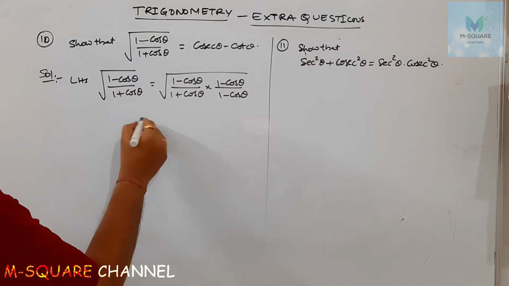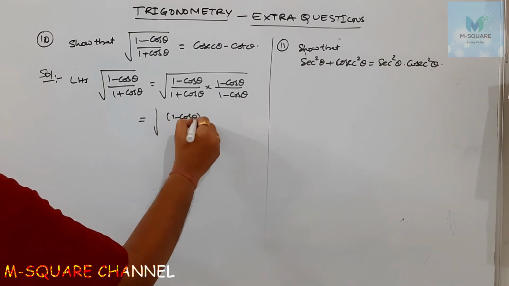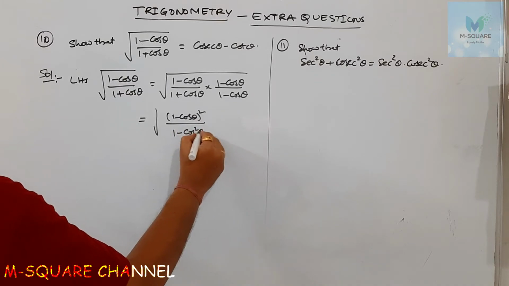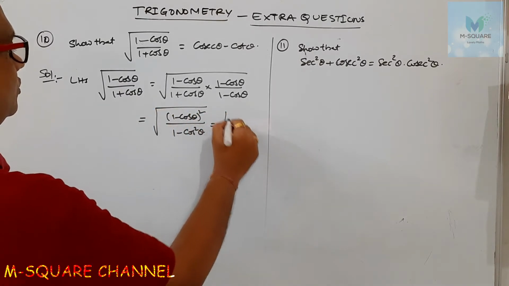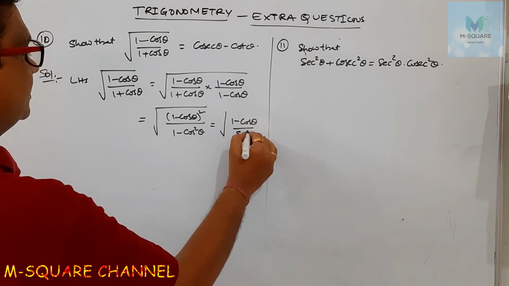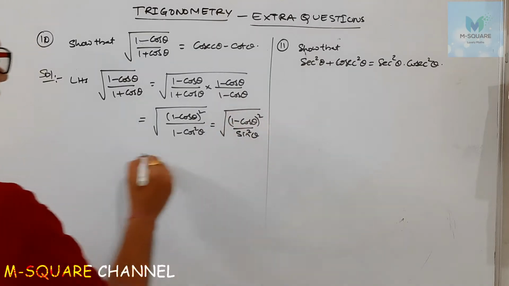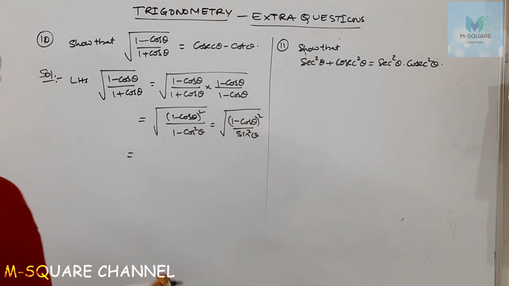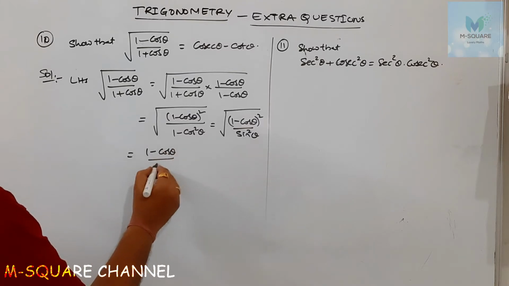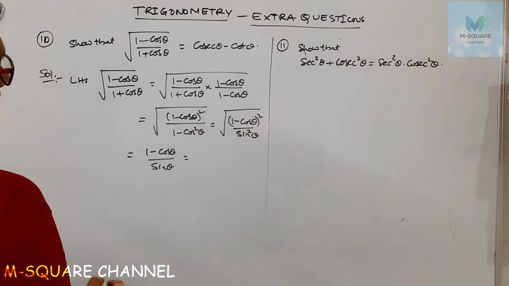So this is 1 minus cos theta whole square by a plus b into a minus b, 1 minus cos square theta, that is root of (1 minus cos theta) whole square by sin square theta. After removing the squares, that is the square root, we get 1 minus cos theta by sin theta.